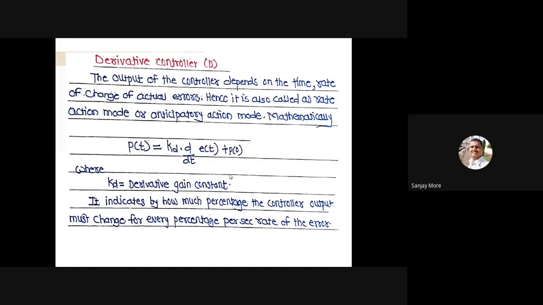Understood? So write down, in derivative controller capital D, the output of the controller depends on the time rate of change of actual error, hence it is called rate action mode or anticipatory action mode.